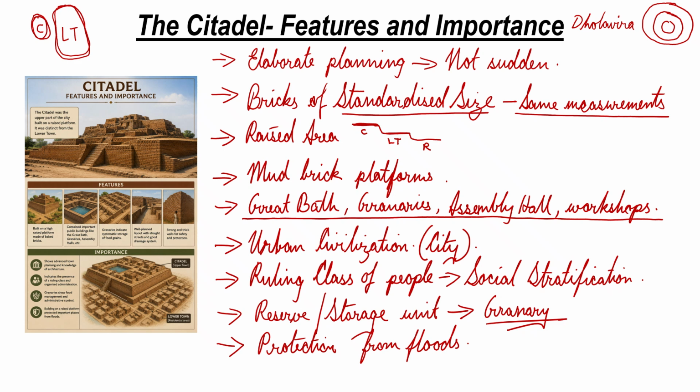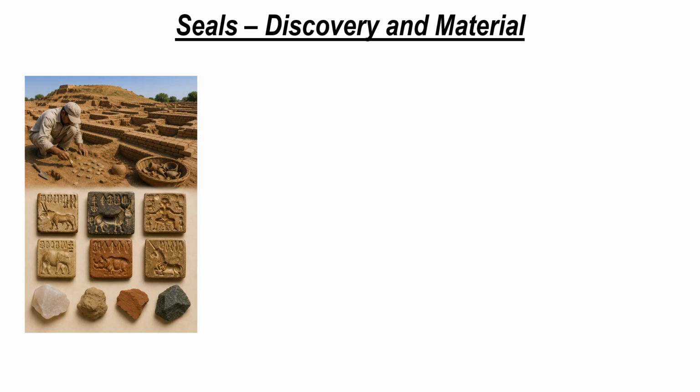The next important thing is the seals. Seals are very important sources of information for the Harappan civilization. Why? Because seals have been found in large numbers. So many seals have been found all across the Harappan civilization, and almost all the seals have some common features.